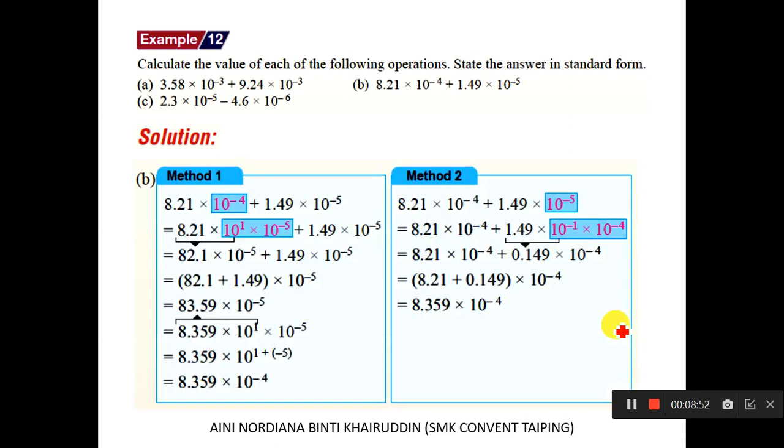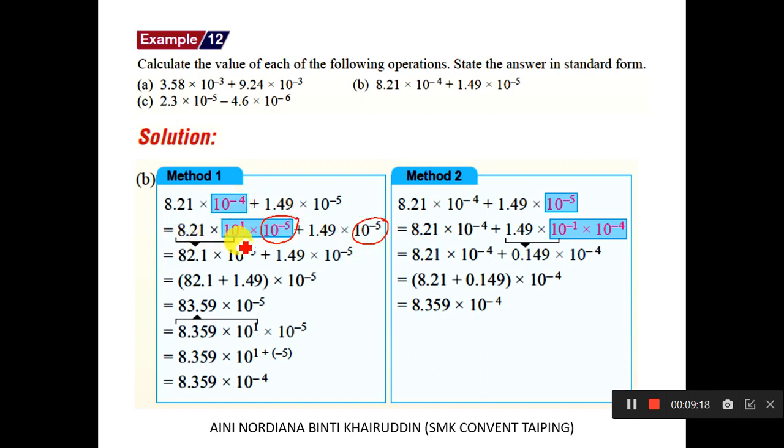Next, question B. So we have two methods here. The first method, we change 10 to the power of negative 4 to this. We want both equal to 10 to the power of negative 5. So here, 1 plus negative 5 equals negative 4.